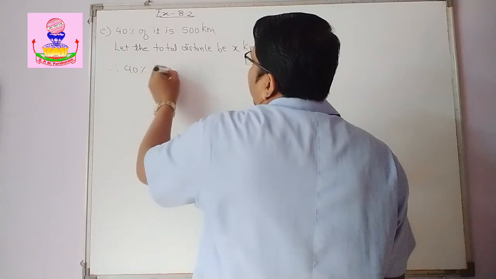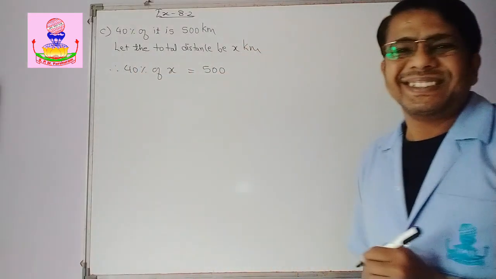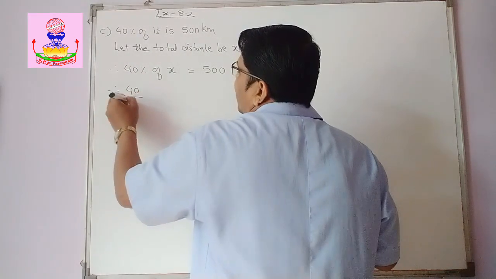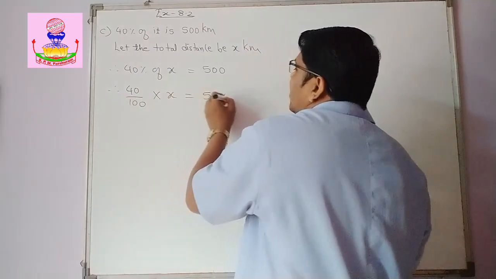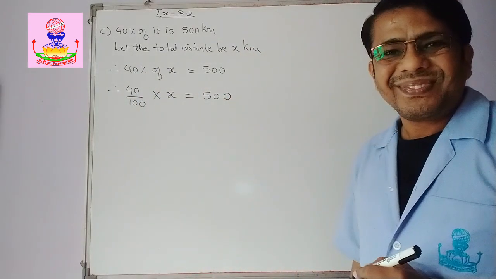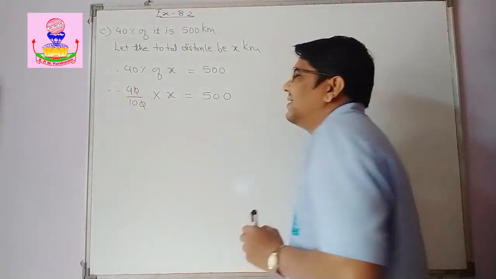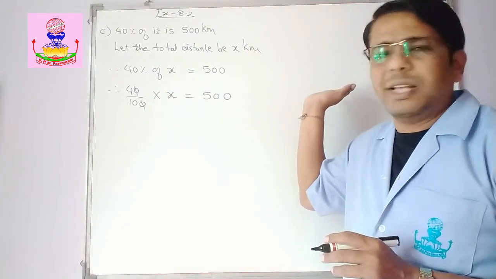So let the total distance be x kilometers. Okay. Now, so therefore, 40% of x is equal to how much? 500. Now, 40% means what? 40 upon 100 into x, that is equal to 500.